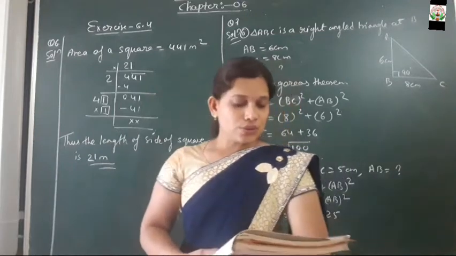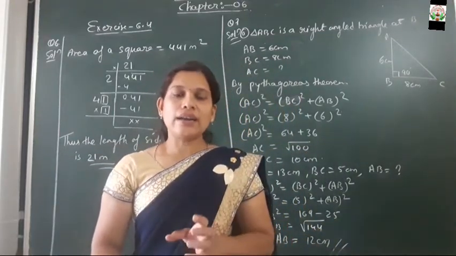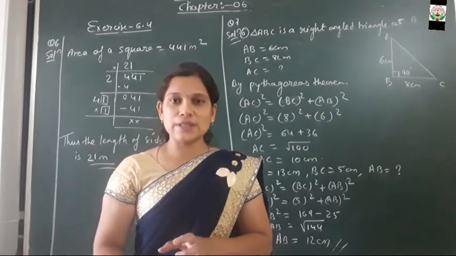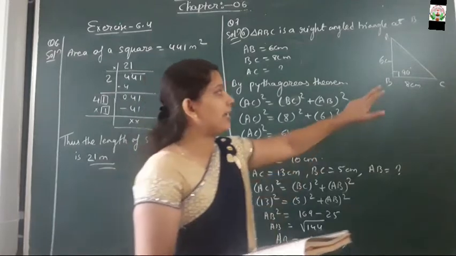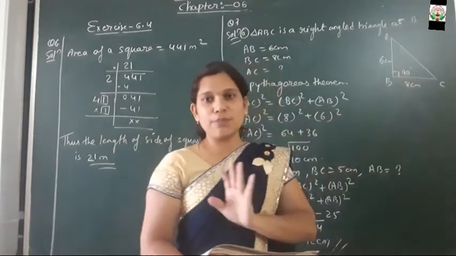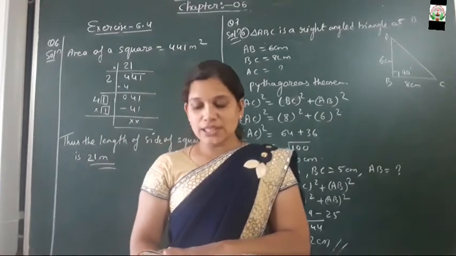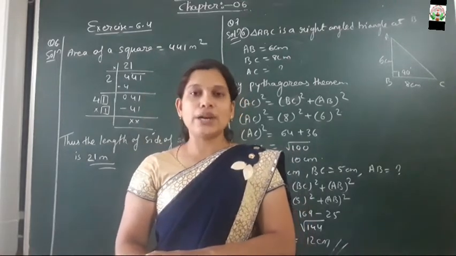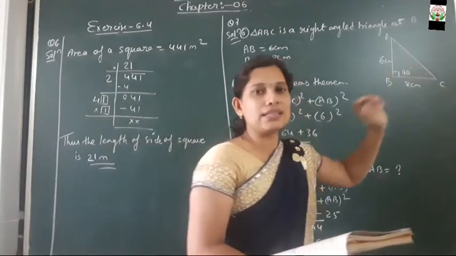Now moving towards question number 7. In question number 7, a right angle triangle ABC is given, with the right angle at B. At angle B, that means 90 degrees must be there. Now, if AB is equal to 6 cm and BC is equal to 8 cm, then we have to find the value of AC, where AC is the longest side of the triangle, that is the hypotenuse.